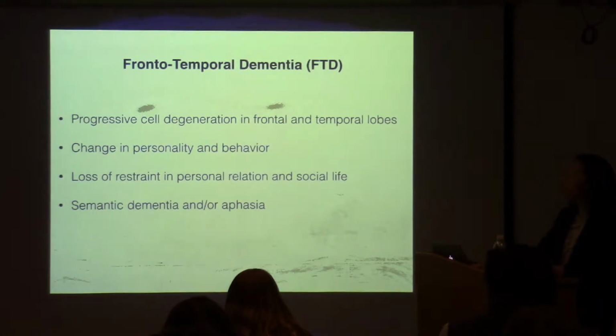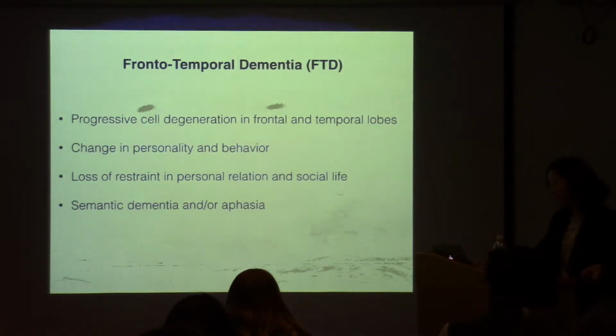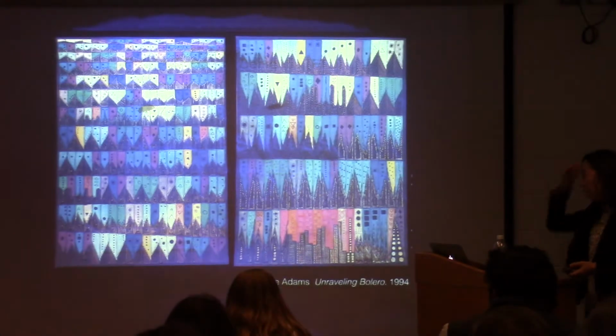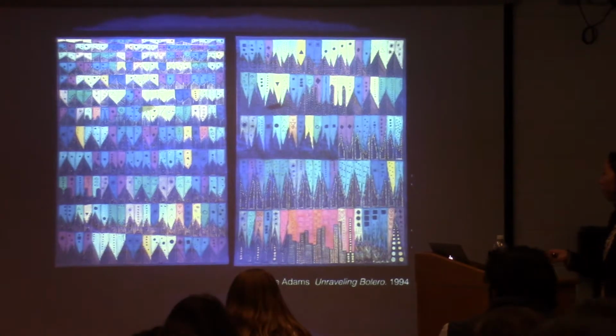In very few cases, people who have developed FTD have a tendency to suddenly become artists. This is an example from Anne Adams' work. Anne Adams used to be a scientist, a biologist. She never drew or painted before. She wasn't interested in art.